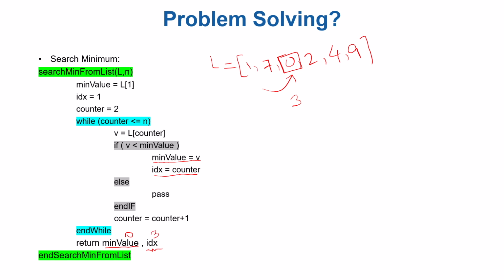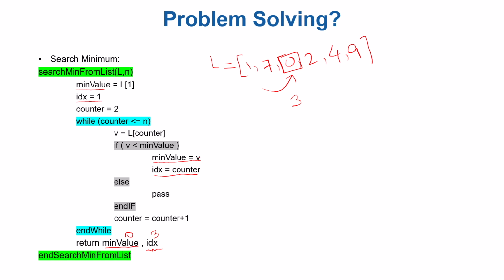So not only are we finding out the minimum value, but also the position of the minimum value. This procedure or pseudocode actually describes a very simple concept. You consider the very first value as the minimum value and the very first position as the position of the minimum value, and then traverse the list element by element and see if you find any value that is smaller than the minimum value so far.